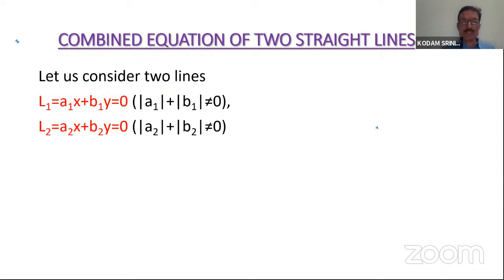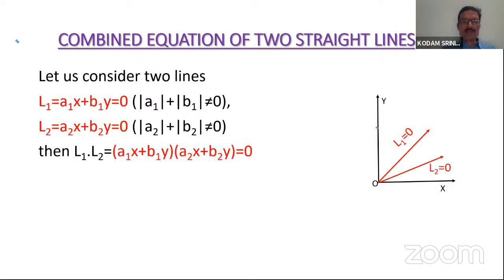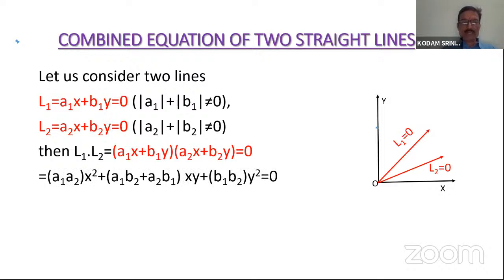Both the terms should not be equal to 0. Then after multiplication of these two equations, L1 into L2 equal to 0, we are going to write the combined equation of these two straight lines. That is a1x plus b1y into a2x plus b2y equal to 0.